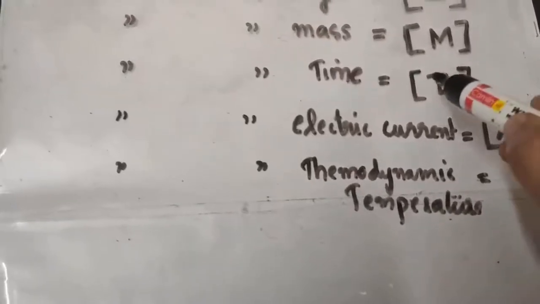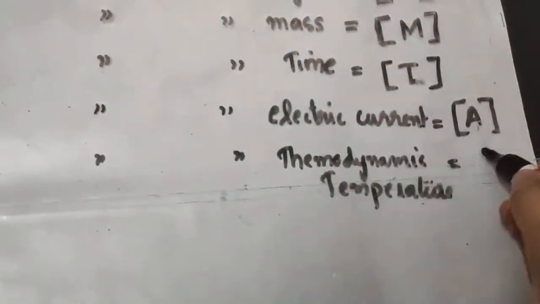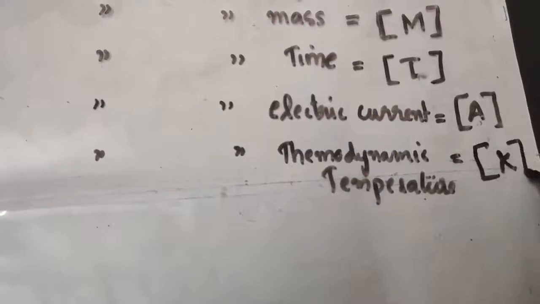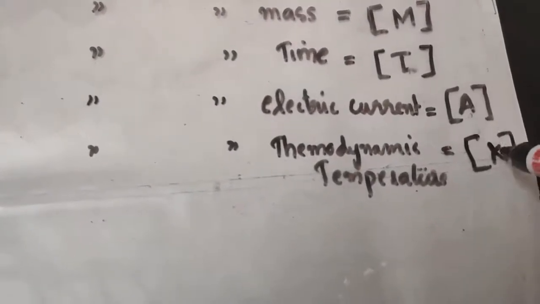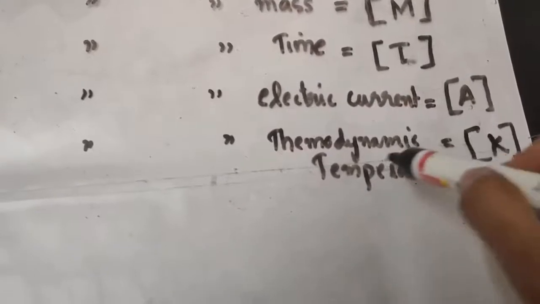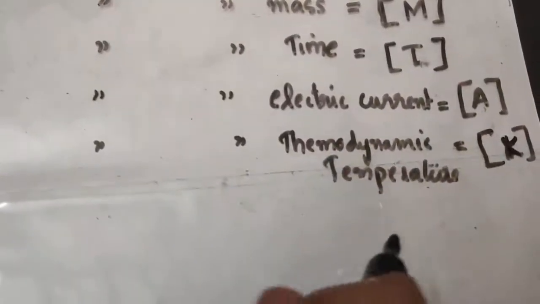We have already used T for time, and thermodynamic temperature's dimension is square bracket K. K represents Kelvin. We know the standard SI unit of temperature is Kelvin, and square bracket K represents the dimension of thermodynamic temperature.